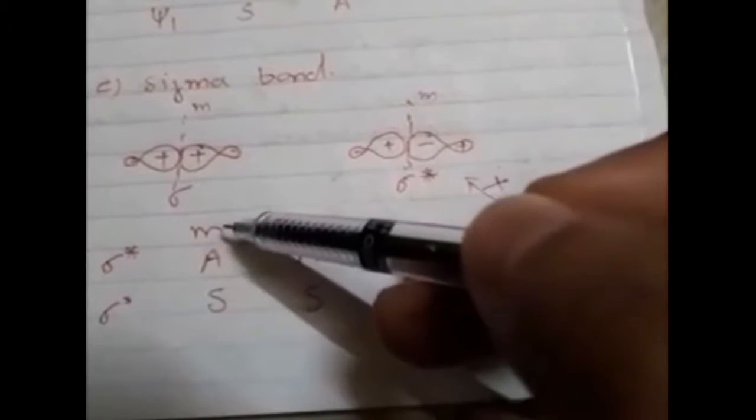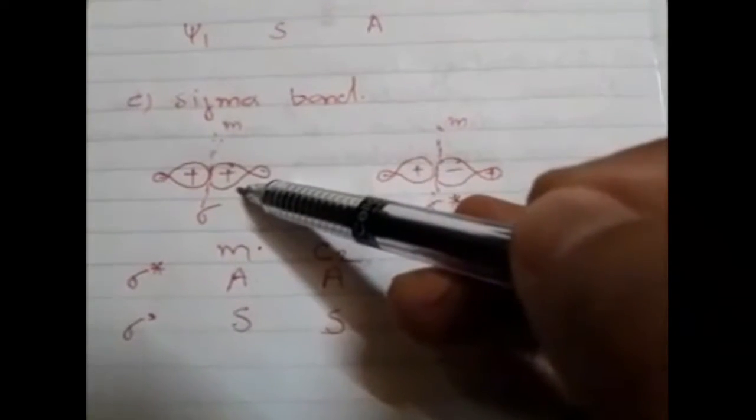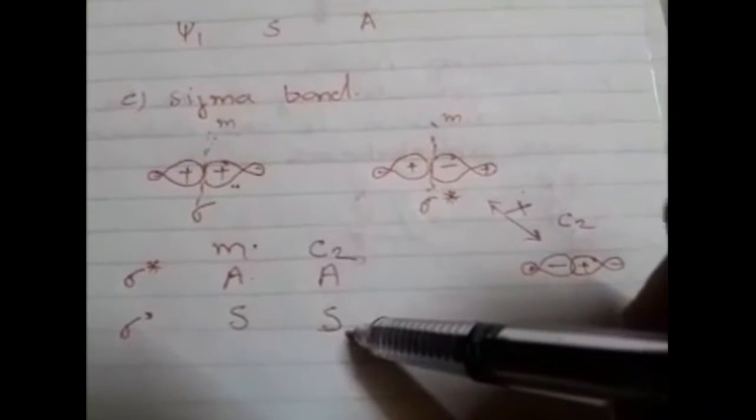Okay. Now here by placing mirror, what happened? These two are not symmetric. That's why sigma star is asymmetric with respect to mirror plane symmetry. Now by rotating this orbital by 180 degree, you observe this orbital becomes symmetric with respect to C2 axis of symmetry also.